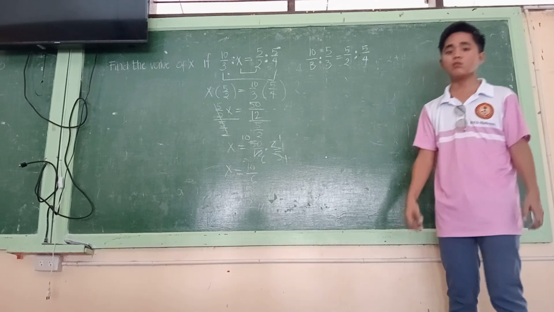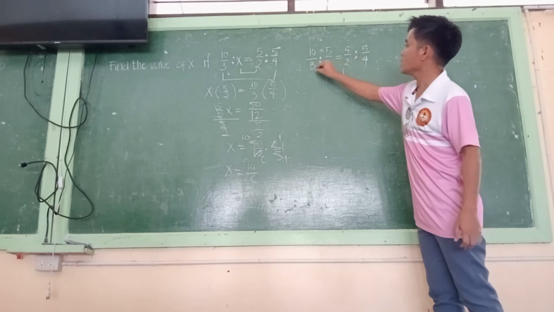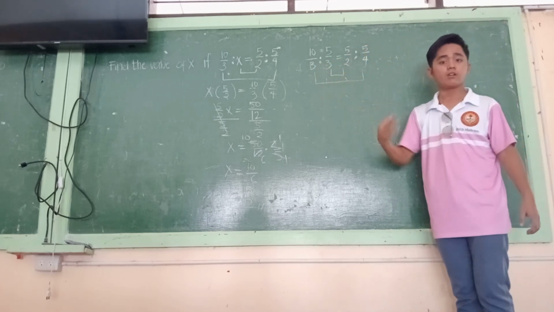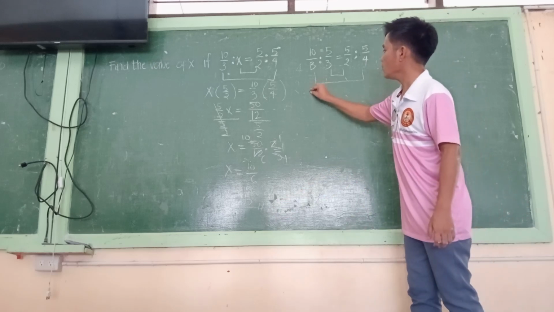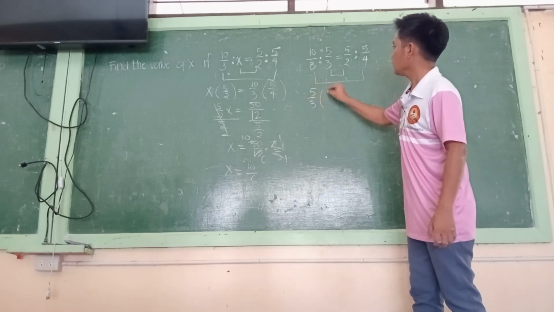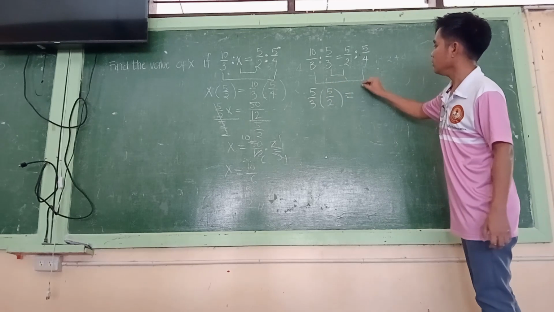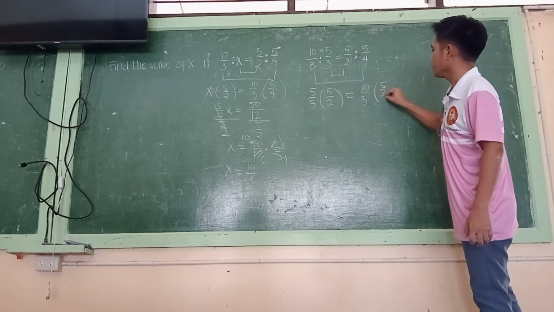We use means and extremes again: multiply the means and multiply the extremes. If the two are equal, then the value of our x is correct. So we have 5 over 3 multiplied by 5 over 2 is equal to 10 over 3 multiplied by 5 over 4.